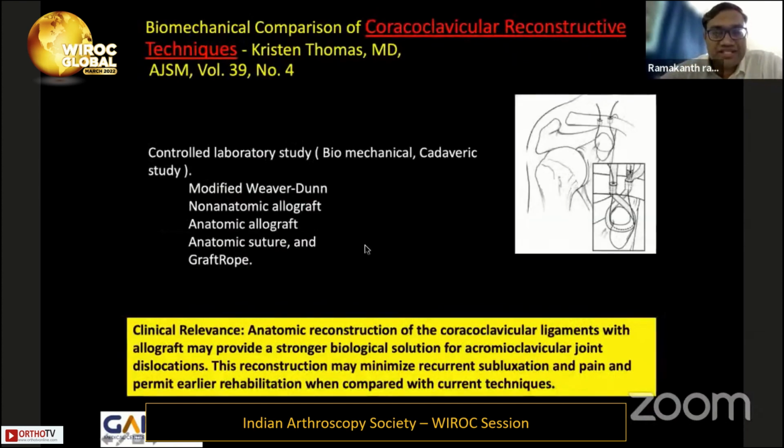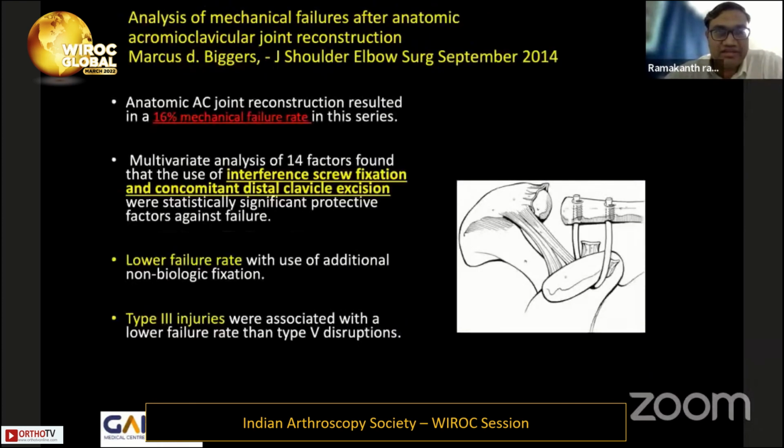So various techniques by biomechanical studies have concluded that anatomical reconstruction with CC ligament allograft can provide a biologically stronger solution for AC injuries. This can minimize recurrent subluxation and pain and permit early rehabilitation.